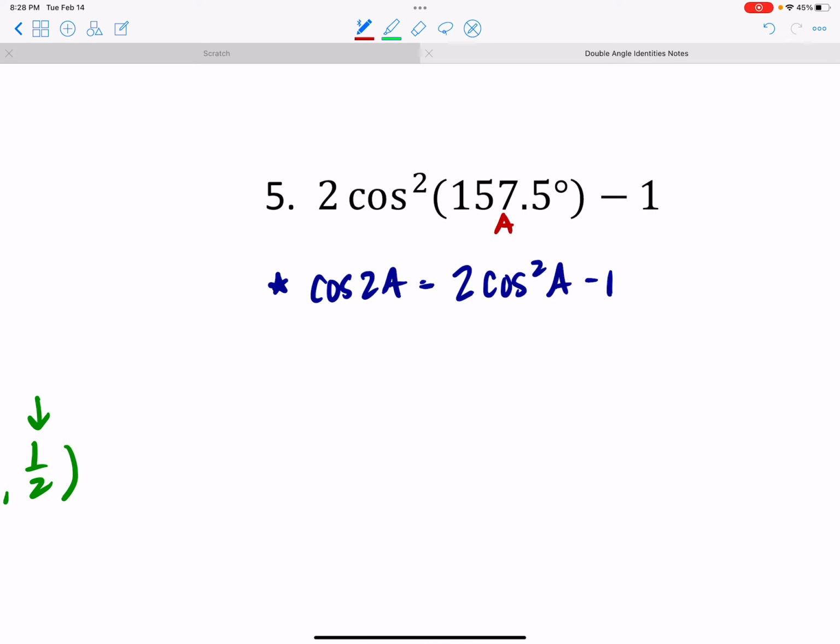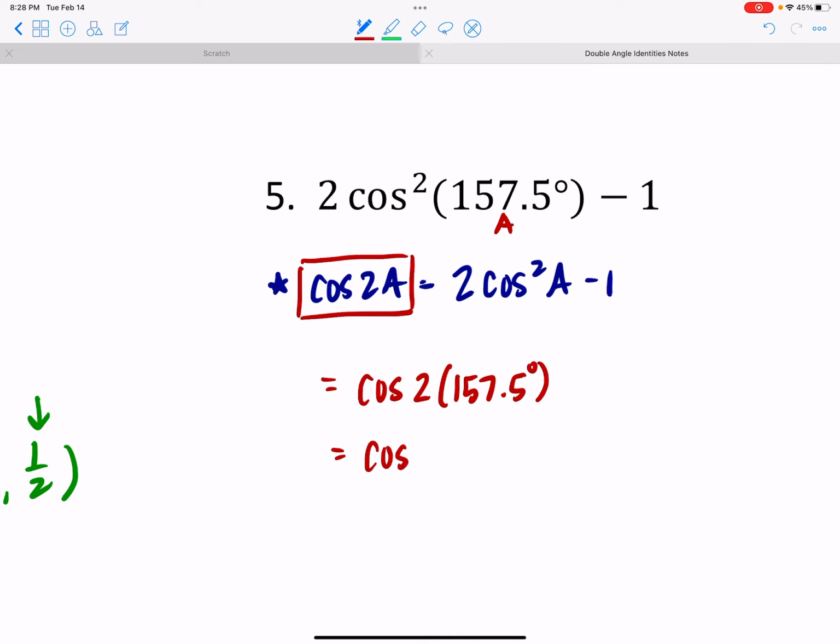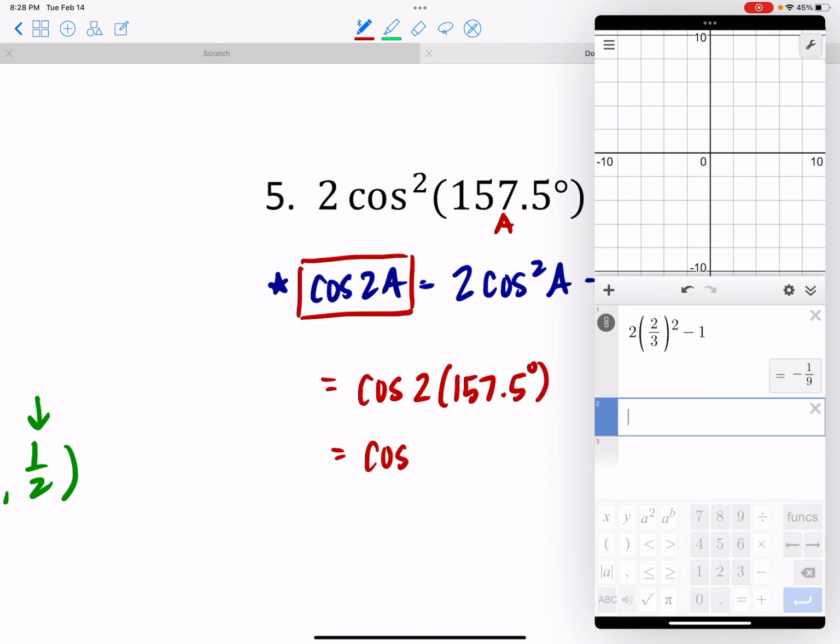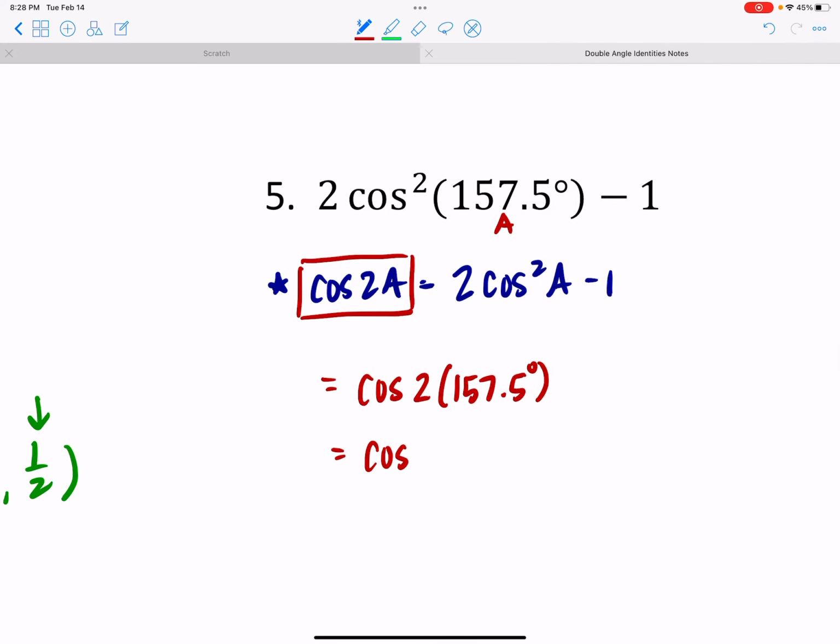So now I'm going to use that condensed form and replace A with that same amount. So we're looking at the cosine of twice 157.5, again, degrees. So that's the cosine of 315 degrees.